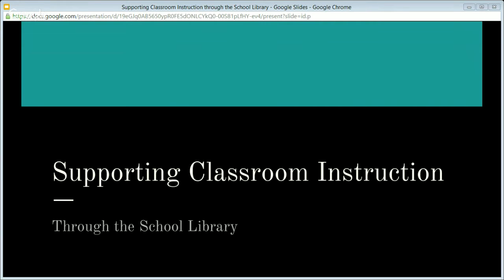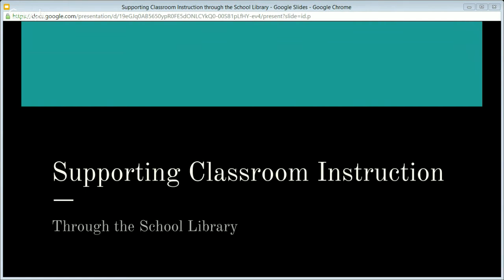So, last month, our topic was transforming your library into a learning commons. This month, we are going to be talking about supporting classroom instruction through the school library.